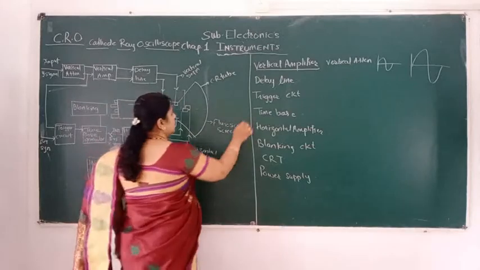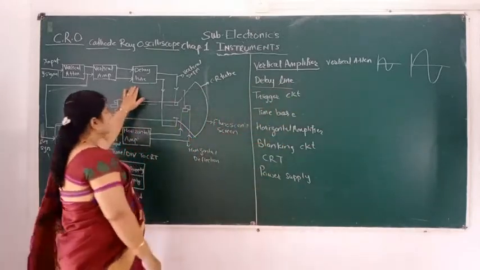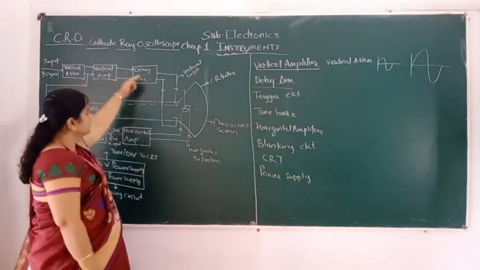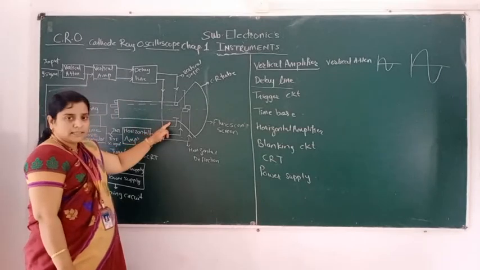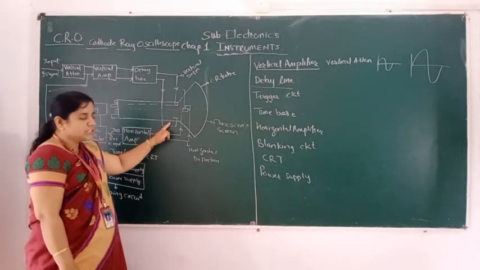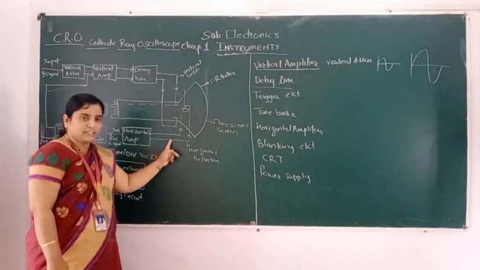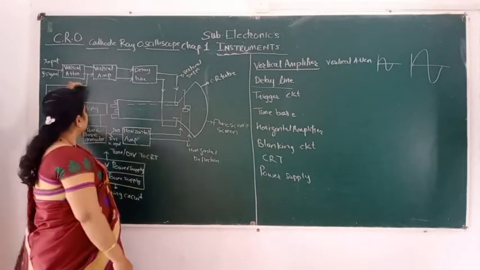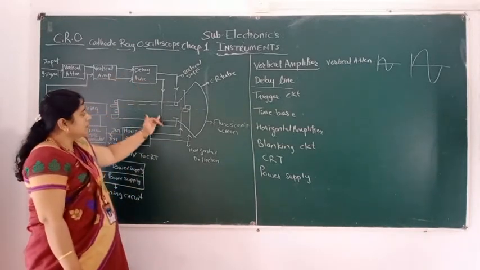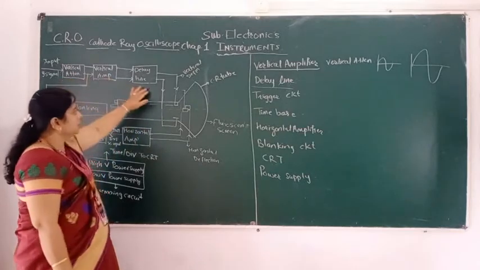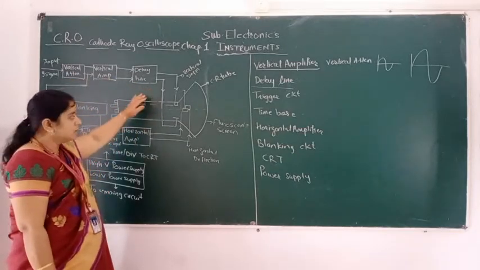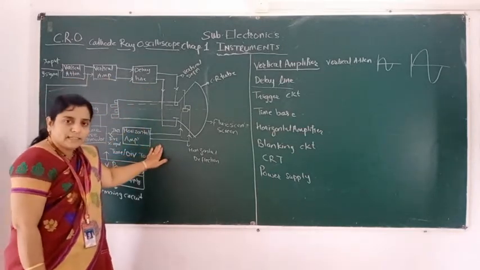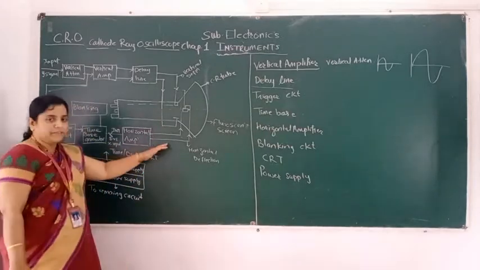The second block is the delay line. Input is applied for the vertical deflection as well as the horizontal deflection, but the vertical amplifier output is given directly to the vertical deflection plate, while to the horizontal deflection plate the input is not given directly.